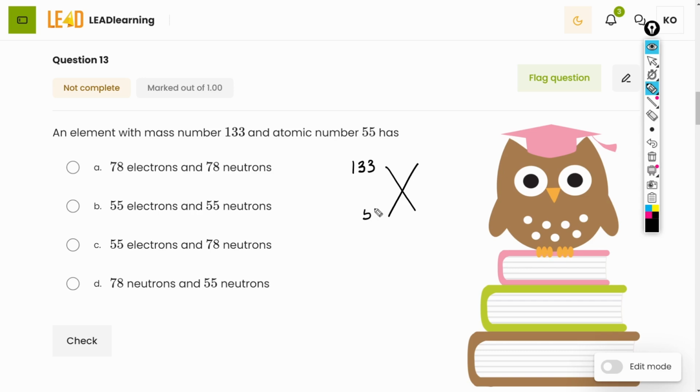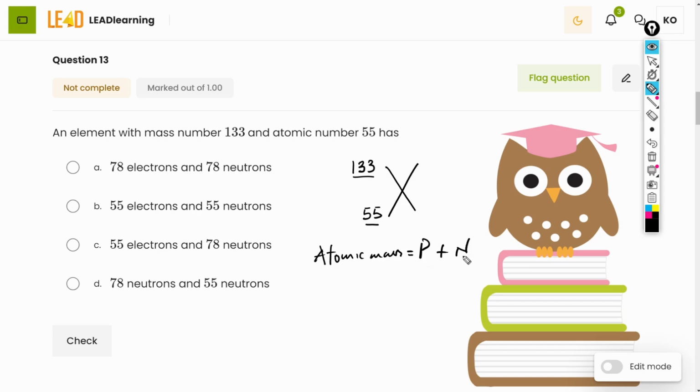We're going to write 55 here. Now it's asking us which of these options describes this atom. So this is proton number, this is atomic mass. Now, atomic mass is equal to proton number plus the number of neutrons.